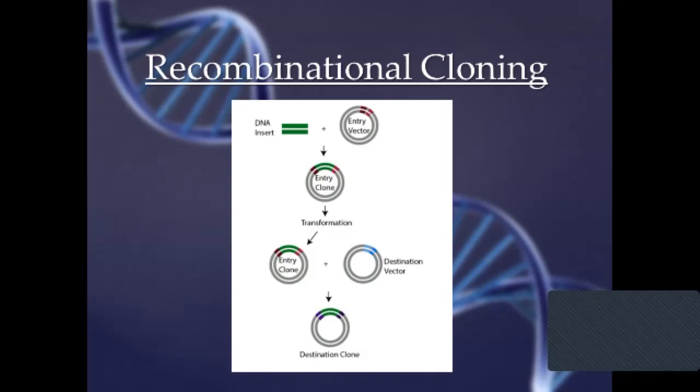After creating an entry clone, the next step is to swap and recombine the entry clone into a destination clone. The advantage of this approach is it can be used to place more than 5 elements in a single vector. It is commonly used to identify protein binding interaction or to optimize protein expression, purification, and solubility. To perform this method, you will need a particular plasmid which has recombinant sites.